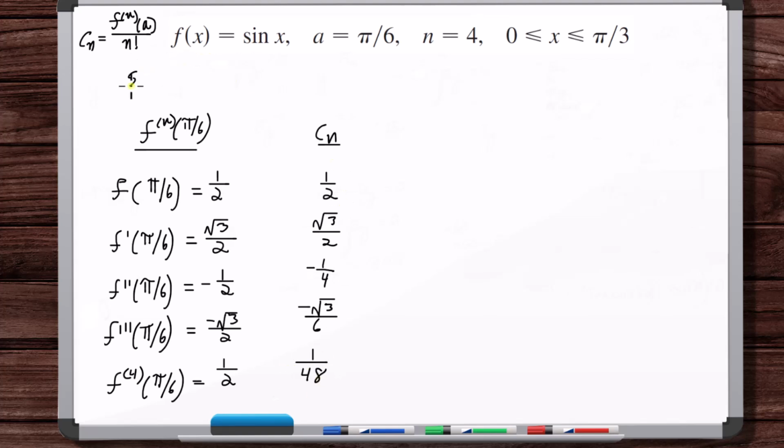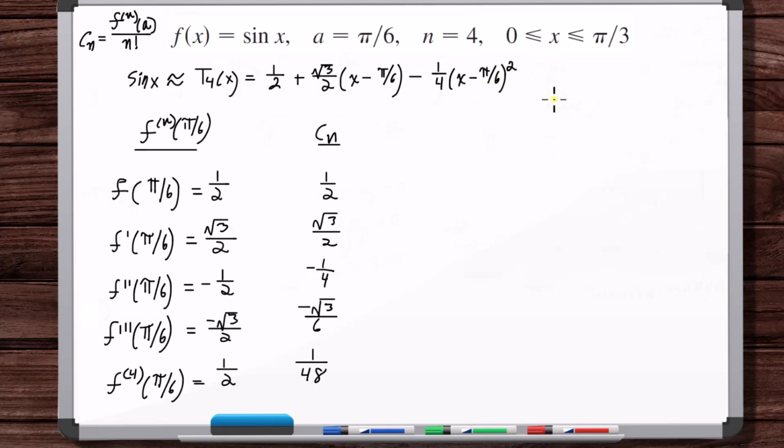So sine of x is approximately equal to T sub 4 of x, which is equal to what? 1/2 times (x minus a) to the 0, which is just 1/2, plus root 3 over 2 times (x minus pi over 6) to the first, minus 1/4 times (x minus pi over 6) squared, minus root 3 over 6 times (x minus pi over 6) cubed, plus 1 over 48 times (x minus pi over 6) to the fourth.